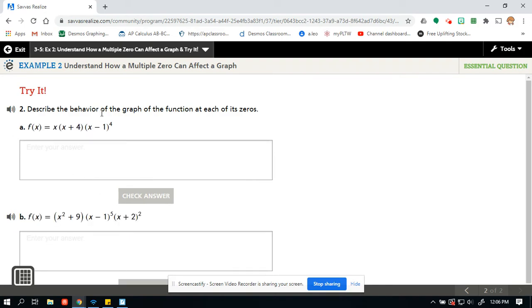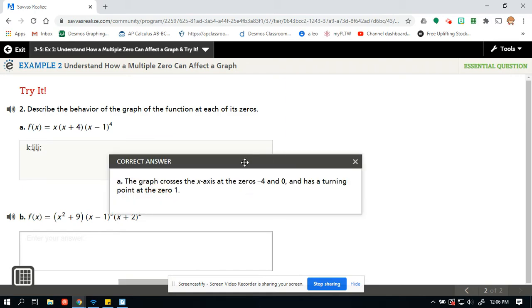So describe the behavior of the graph of the function at each of its zeros. All right, so it's going to come and go through x when x is equal to 0. The graph is going to go through x when x is negative 4, and the graph is going to come up and bounce off when x is equal to 1. So I'm just going to put some letters in here so we can get the book answer.